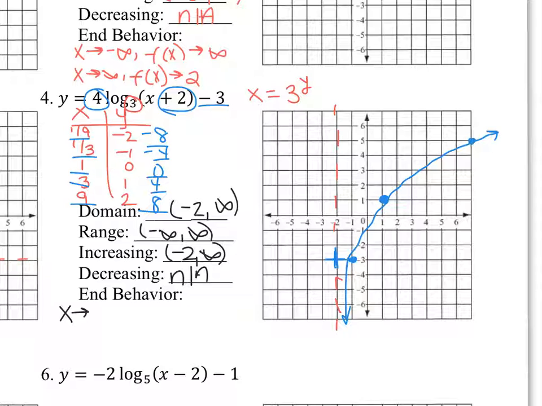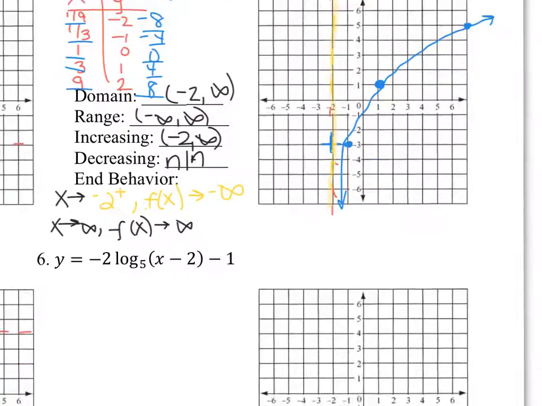Instead, x has to approach this asymptote right there. So as x is approaching negative 2 from the right, f of x is approaching negative infinity because it's going down. And when x is approaching positive infinity, f of x is approaching positive infinity as well.